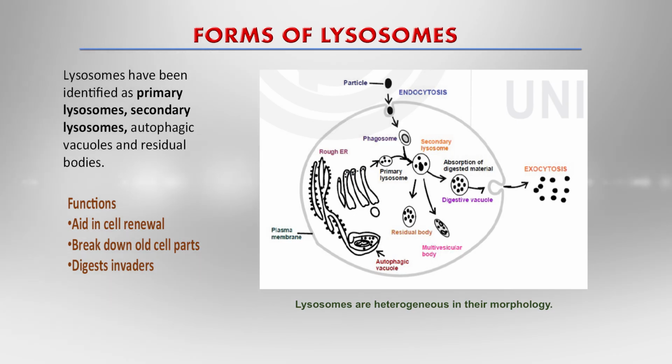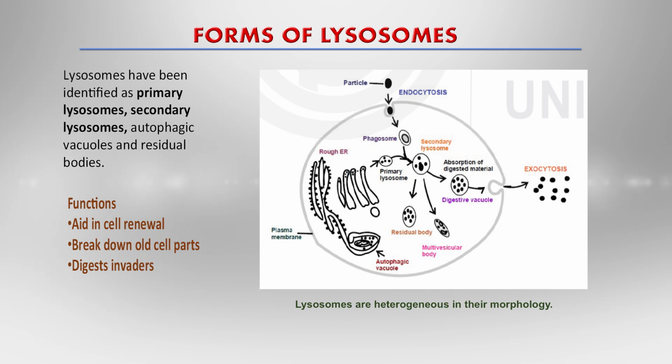These forms perform different kinds of functions. When the cell engulfs foreign particles or food material, it is enclosed by a membrane vesicle and forms a phagosome. The phagosome attaches to a primary lysosome and makes a secondary lysosome.